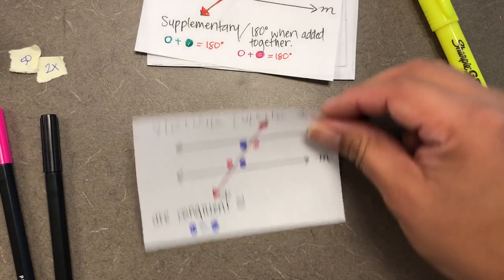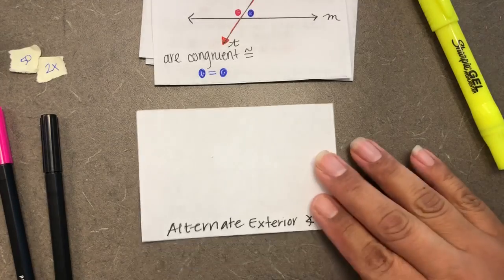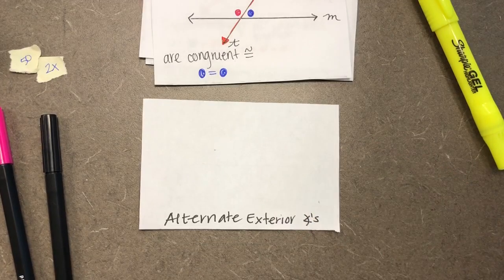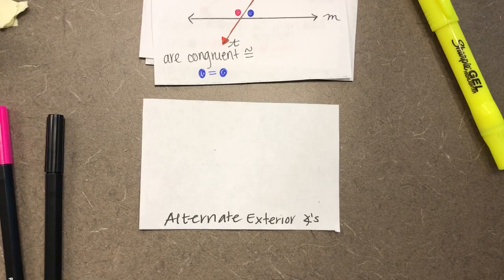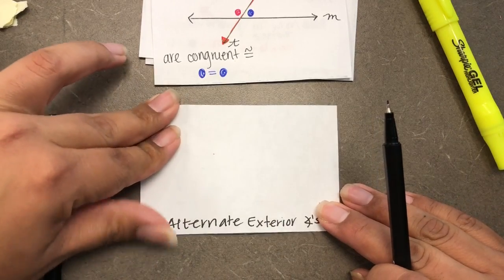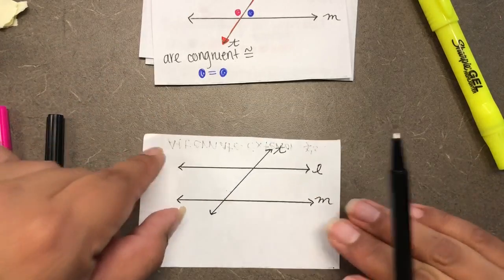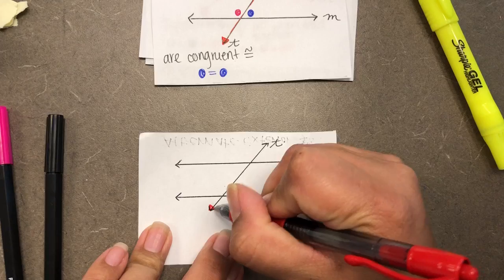Okay, the next one is alternate exterior angles. The name tells you again what they are. They are alternating what side they are of the transversal, and they are in the exterior, the outside. Remember that first one that we colored, the outside, okay? So here we go again. I'm gonna color my transversal.